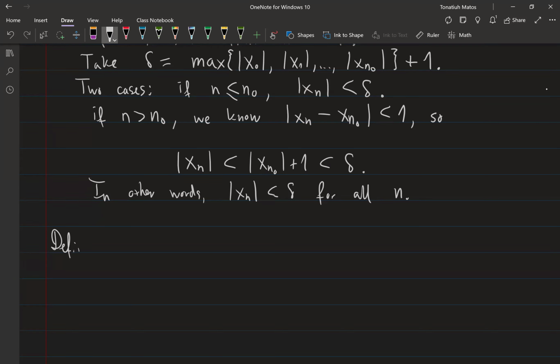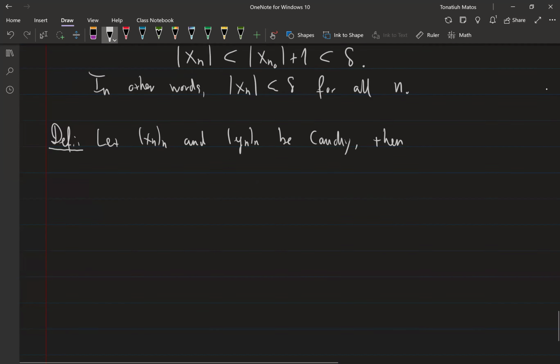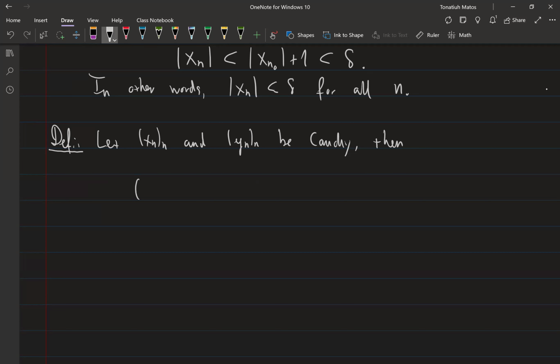Now let me tell you an important definition. So if you have two Cauchy sequences, so let xn and yn be Cauchy, then the following thing is defined, right? So how do I add two sequences?